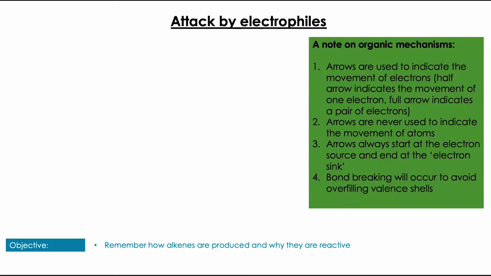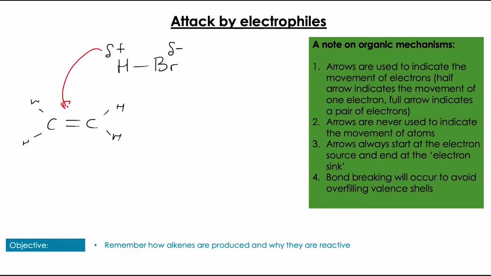So what does being attacked by so-called electrophiles actually look like? Well, we've got to remember our rules. If we have here an electrophile in hydrogen bromide, it's got a polar bond, so it's got a partial positive and a partial negative charge, and we have the double bond, which is obviously going to be attracted to this partial charge. Remember our rules: no movement from positive charge.